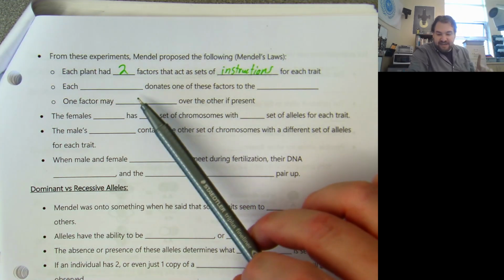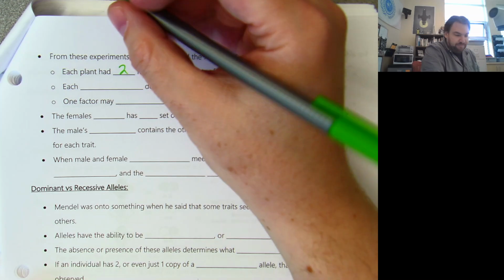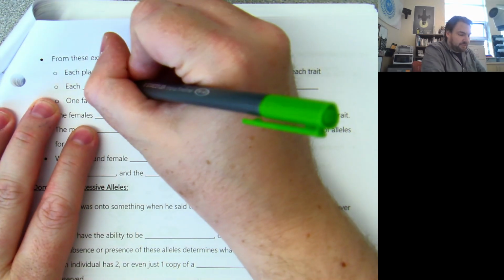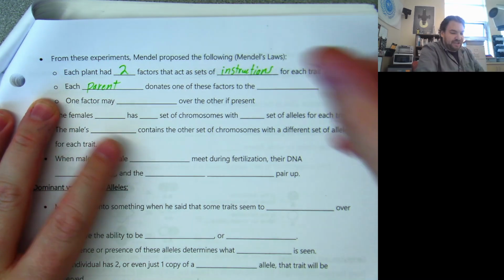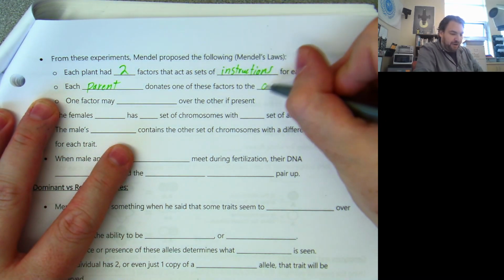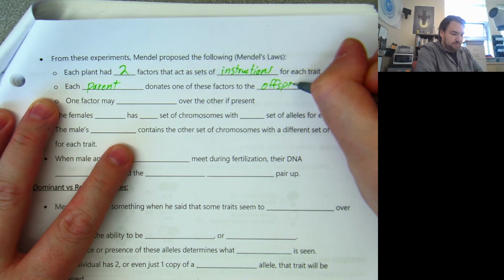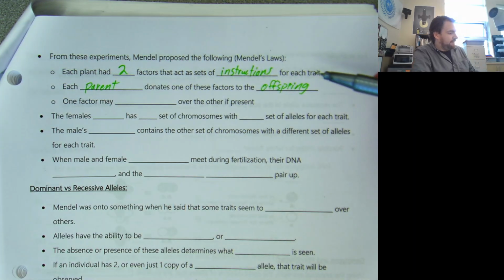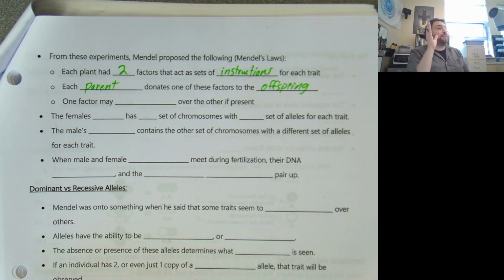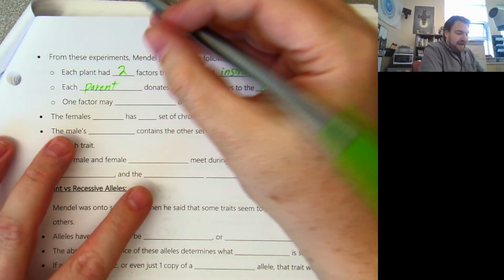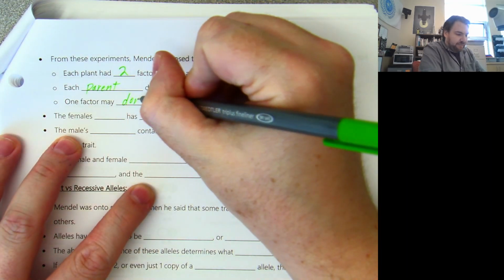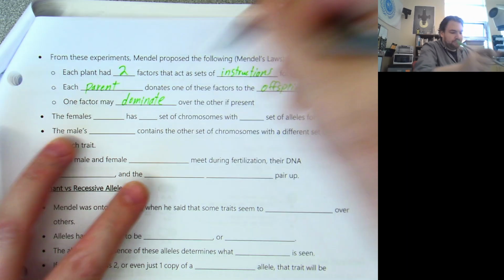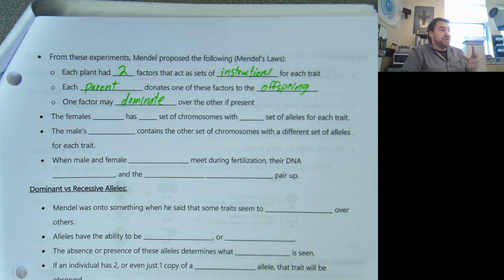That's his first law. His second law says that each parent donates one of these factors to the offspring. And that in some cases, for some traits, one factor may dominate over the other if the dominant form is present.